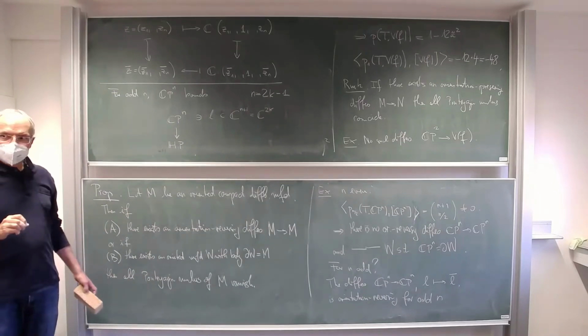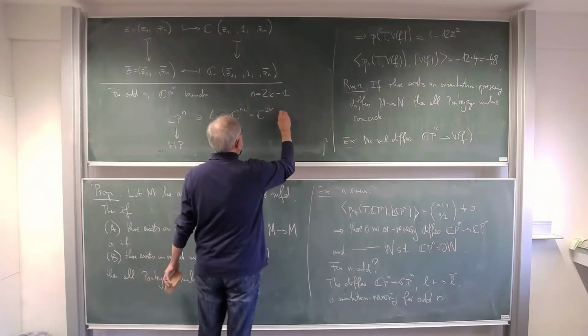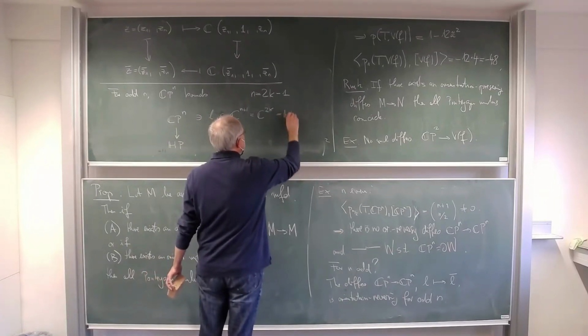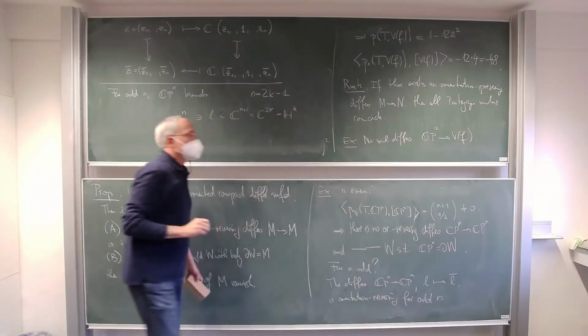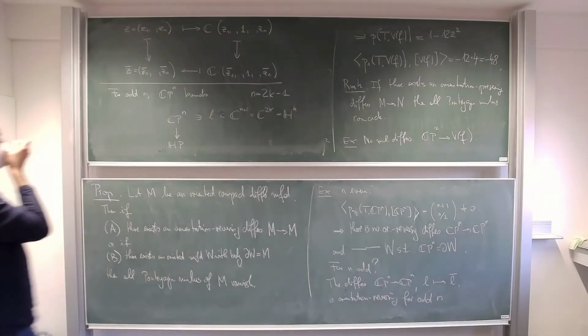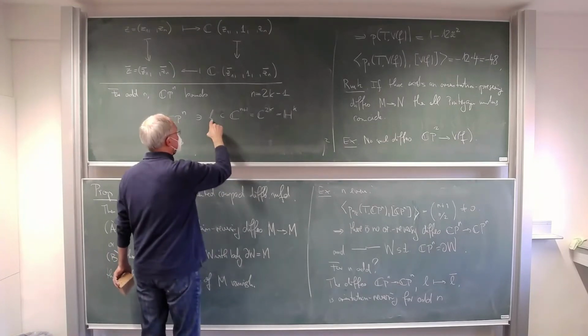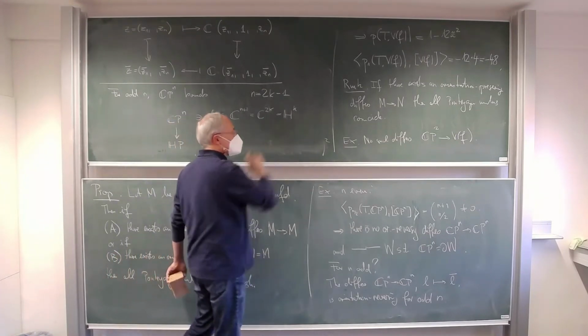Now I identify C^2 with the quaternionic numbers, and both of them are just R^4. So I can map this complex line to the corresponding quaternionic line.